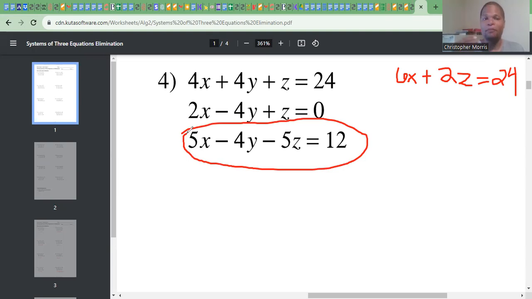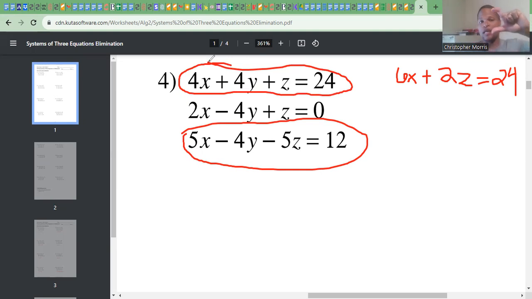We're going to do the same process, but this time we want to add equation one and equation three, or you can even do equation two and equation three, but you want to include equation three, the last row you see there. If it's me, I'm picking equation one again and adding it to equation three, because it's already easy to eliminate the y's.